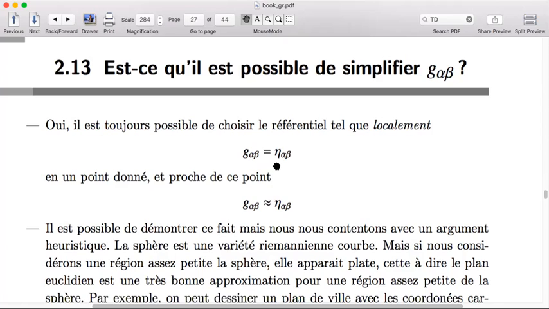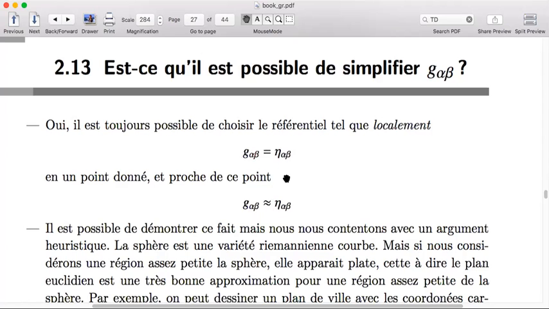But I guess point is a more general term that means just a point in our space, and our space is a spacetime, so it's an event. This might sound surprising, but you can always choose your coordinates, even in a curved spacetime, such that locally, or at a given point, this is true precisely, and in the region of that point, you approximately have that the metric is that of the Minkowski metric.